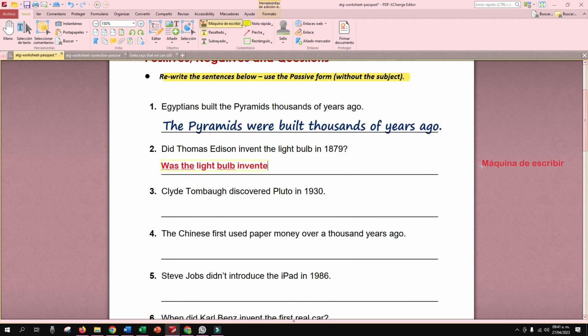invented in 1879, right? So that would be, was the light bulb invented in 1879? That would be the question for that one, right? So you don't need to write by Thomas Edison.